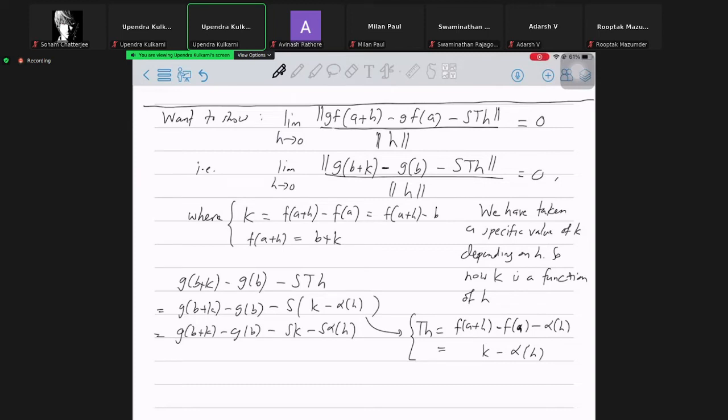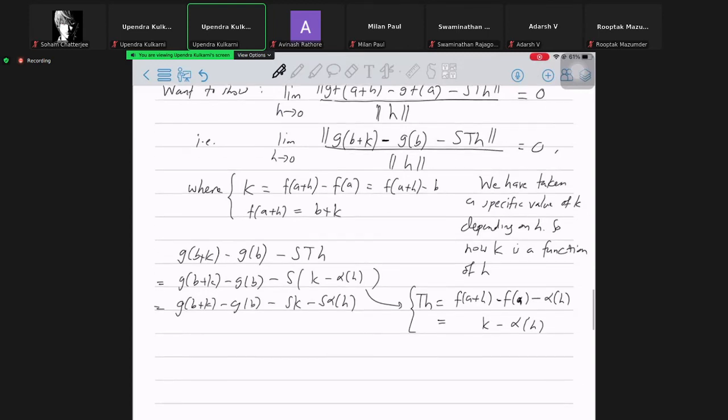This begins to look nice, no? The reason it begins to look nice is the form. I want to bound this G of B plus K minus G of B. Sir, it should be plus S of alpha H. Yes, S applied to alpha H, I mean it should be plus.